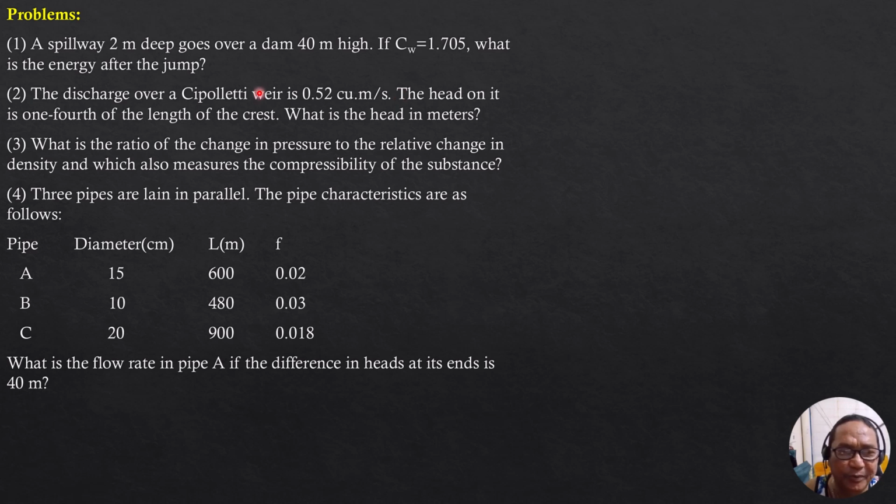From there, we can compute the energy after the jump, which is energy 2, which is velocity head at section 2, v2 squared over 2g plus depth 2. Before we can solve that, we also note that the energy after the jump is energy at section 1 minus head loss in the jump.